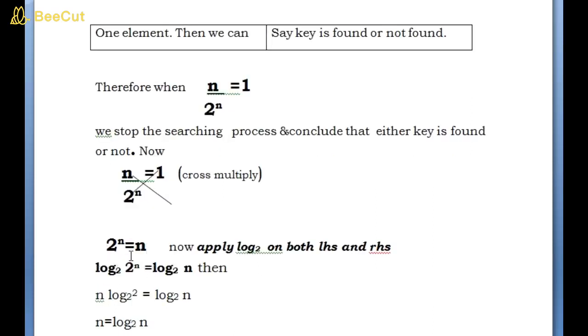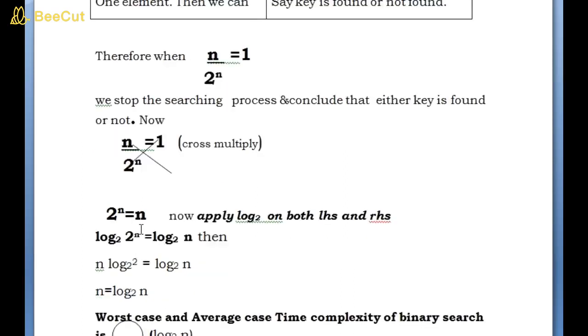So log 2 power n base 2 is equal to log n base 2. According to the mathematical rules, 2 power n can be rewritten as n log 2 base 2 equal to log n base 2. Log 2 base 2 value is 1, as we know from mathematics. So n equal to log n base 2.